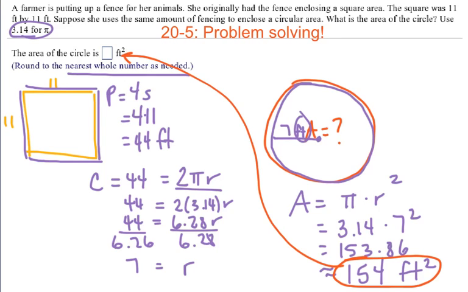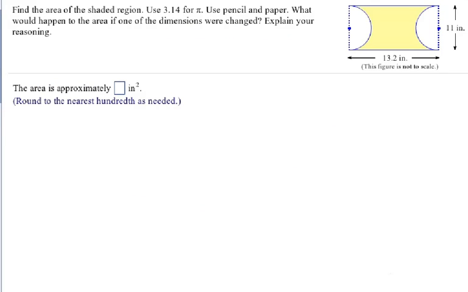Okay, let's move on to the next example. Find the area of the shaded region, and we're going to use 3.14 for pi. To find the area of the shaded region, what we need to do is find the area of the rectangle and take away the area of the circle.